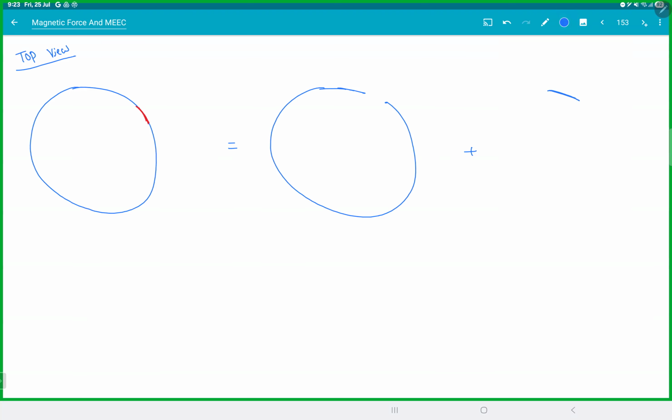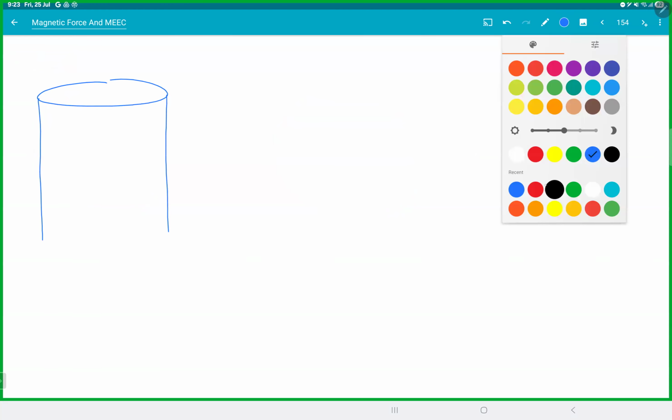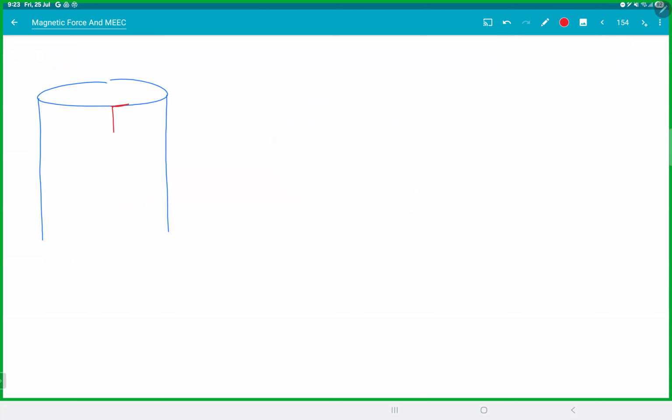If I add this plus this, I'll get a full cylinder. So exactly how am I taking the element here? The element will look like this, everyone. So you're taking a cylinder here. You're choosing a thin element like this. The length will be L. This will be, let's call it some dx, right? That will be the dx there.